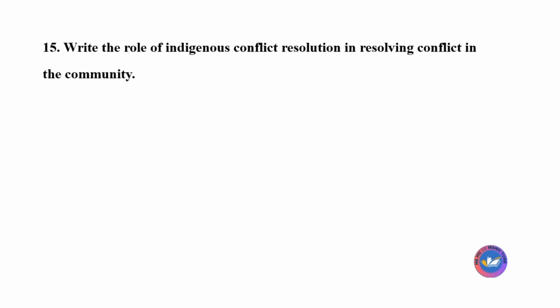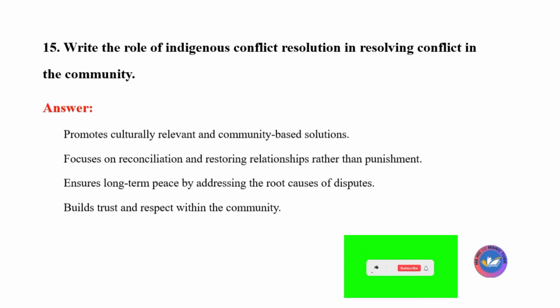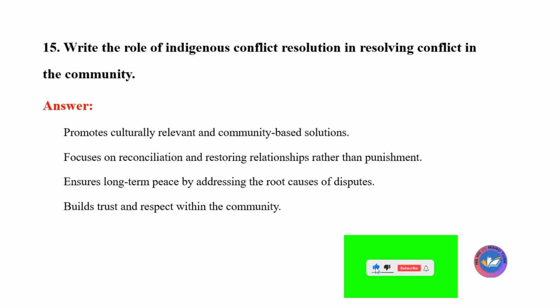The answer includes: promotes culturally relevant and community-based solutions, focus on reconciliation and restoring relationships rather than punishment, ensures long-term peace by addressing the root cause of disputes, builds trust and respect within the community. Indigenous systems leverage cultural practices and values to foster effective conflict resolution.